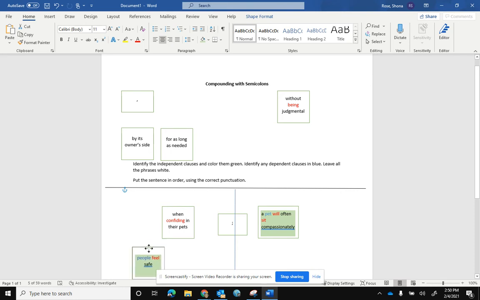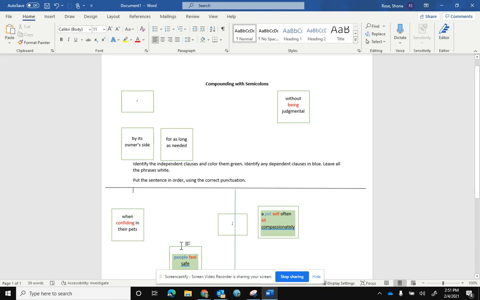I can also reverse that. When confiding in their pets, that's now an introductory phrase that I would need to put a comma after. Now I can have these things here. A pet will often sit compassionately.